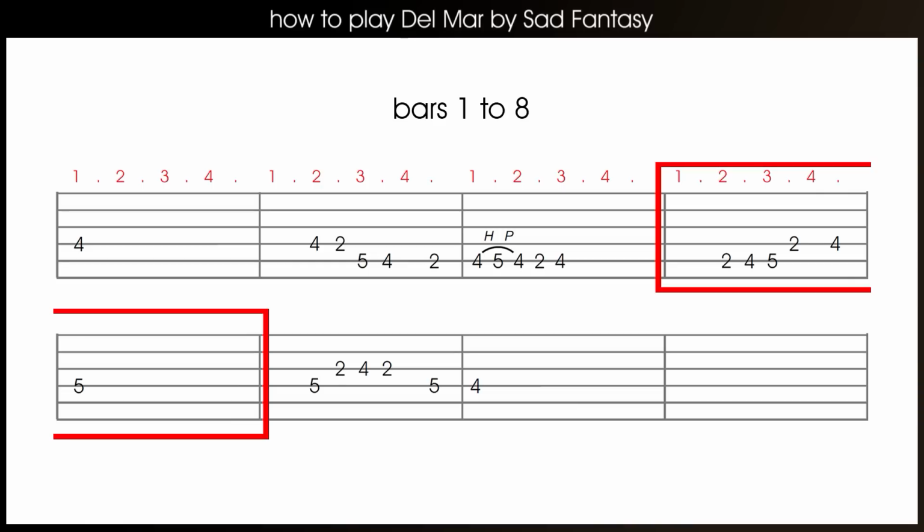So with the 2 bars introduction, you count 1, 2, 3, 4, 2, 2, 3, 4, 1, start. Here's what that sounds like being played at 100 beats per minute with a 2-bar introduction.